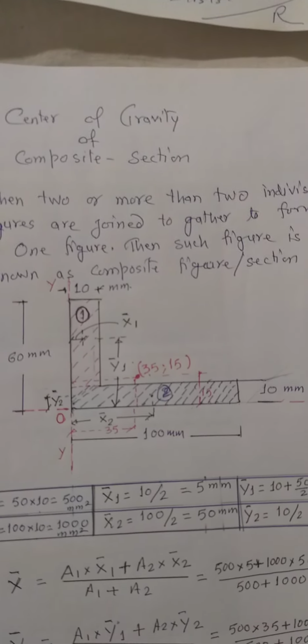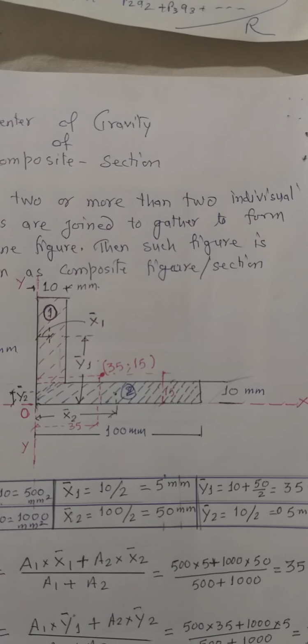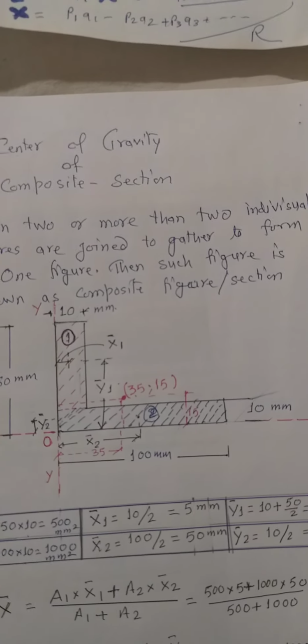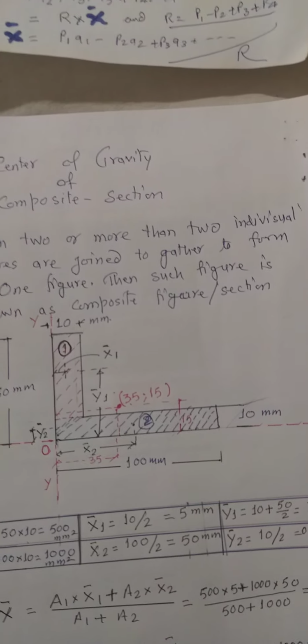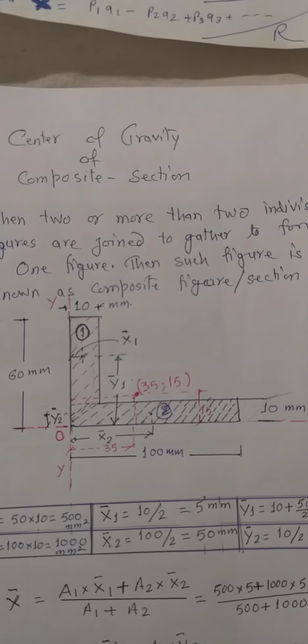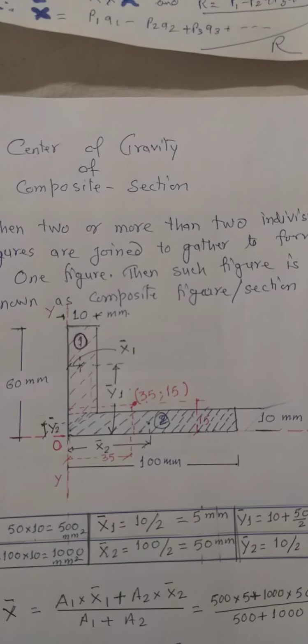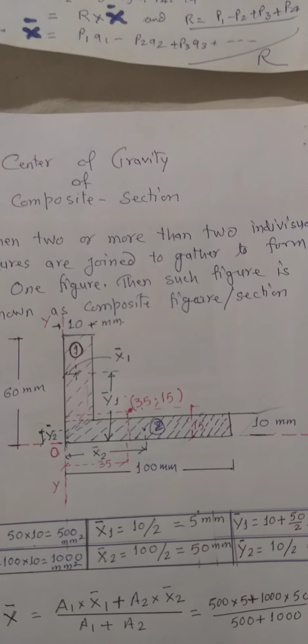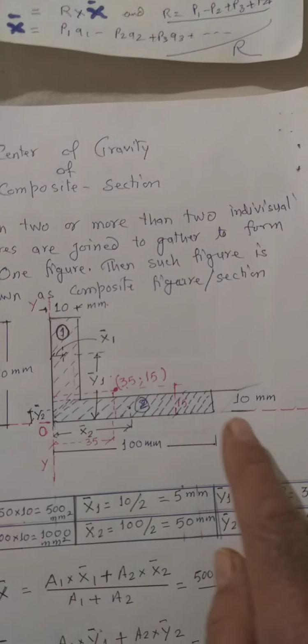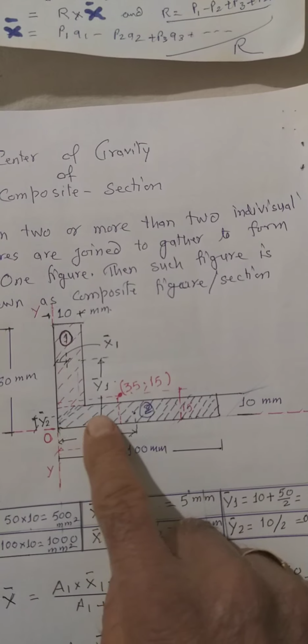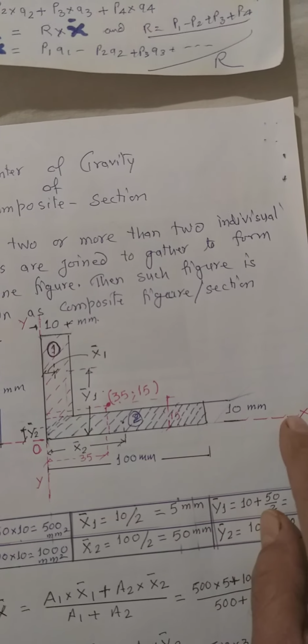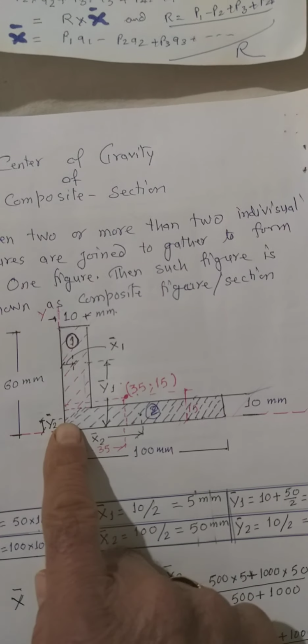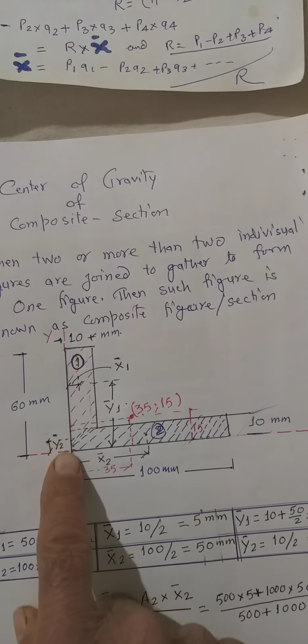We have to adopt some mathematical tool for that. It is more convenient and easy to draw a baseline at the last end of this figure in the x direction as well as in the y direction.